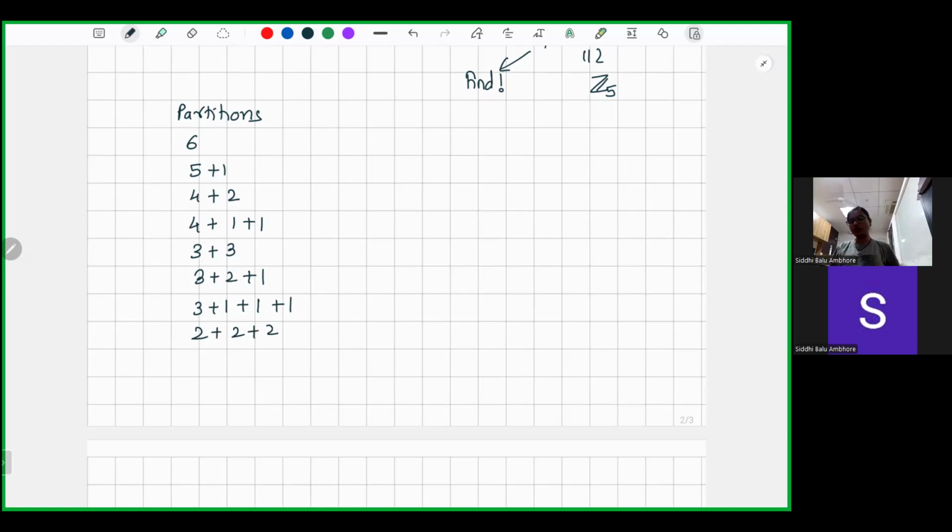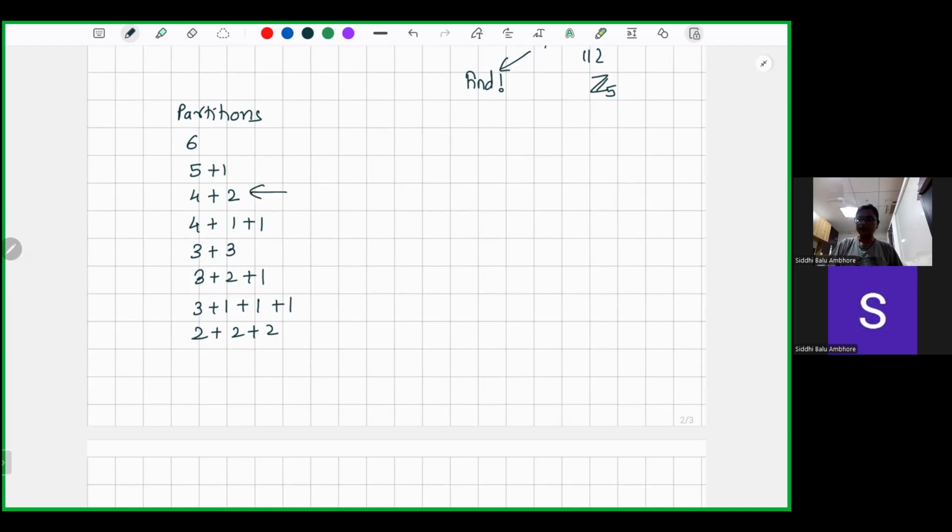When we go on writing the partitions, to avoid repetition, we always look at decreasing numbers. For example, if I write 4 after 2, that partition is already covered.